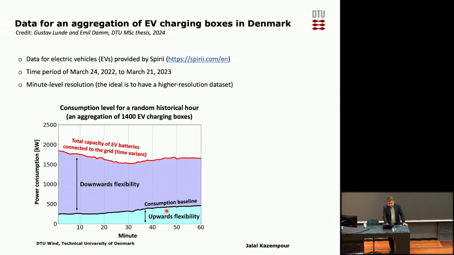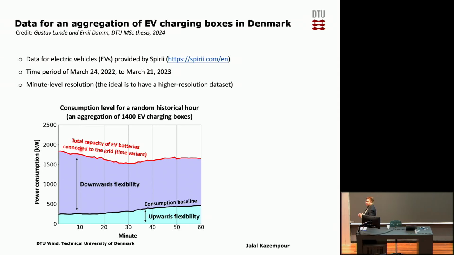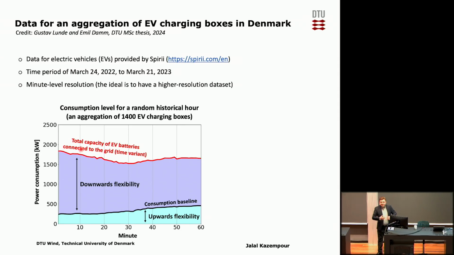We can say that the area under this black curve is upward reserve, because by consuming less they are providing upregulation, like a demand. You can see it as a big demand. While by increasing the consumption, they provide downregulation, downward flexibility. Is it clear? But this is all from the historical data.